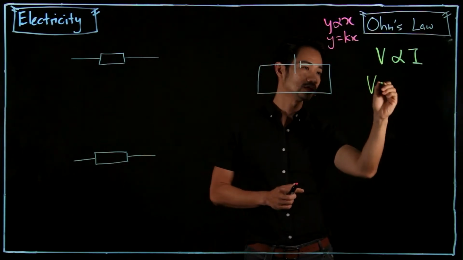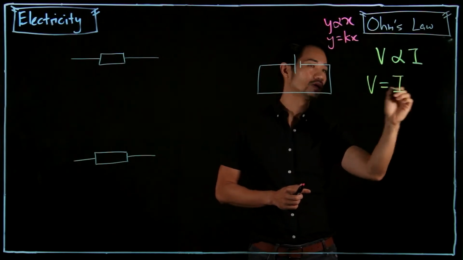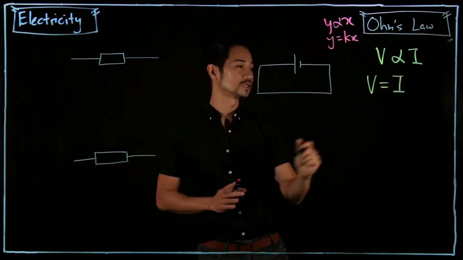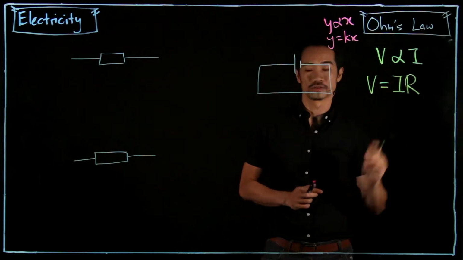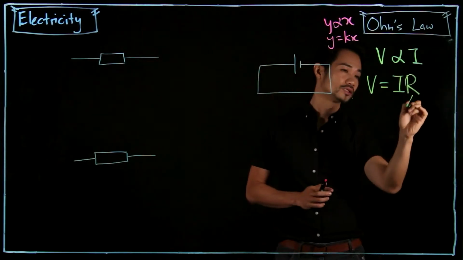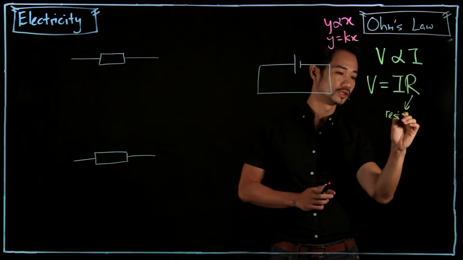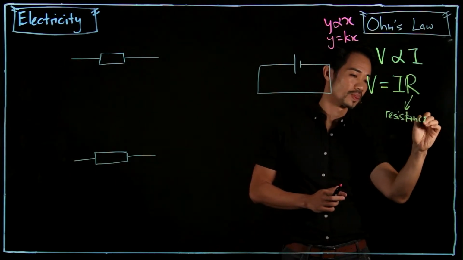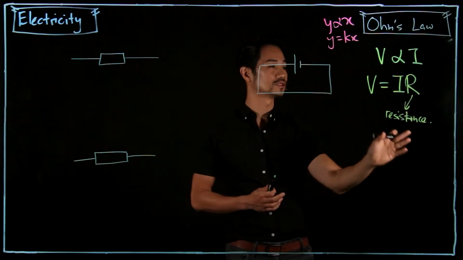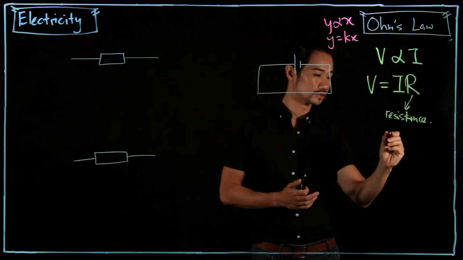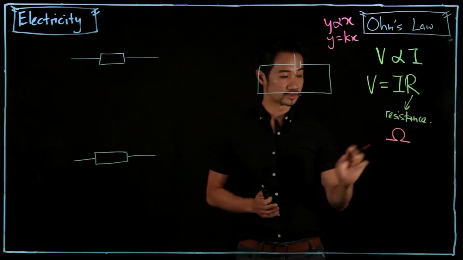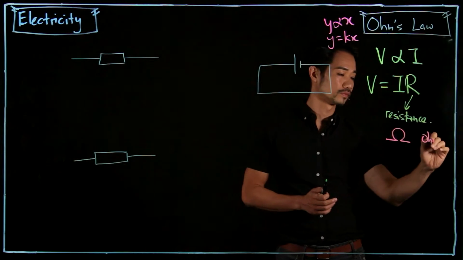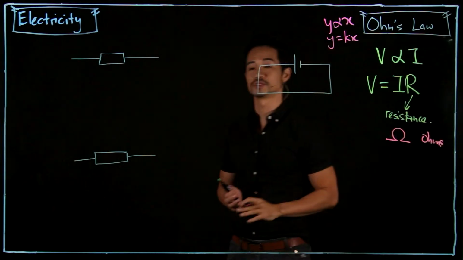We're going to write V is equal to I, and the constant that we're introducing is called R. This constant is what we call resistance. Resistance is measured in ohms, or this sign. All right, ohms. Right? Okay, so what is resistance?